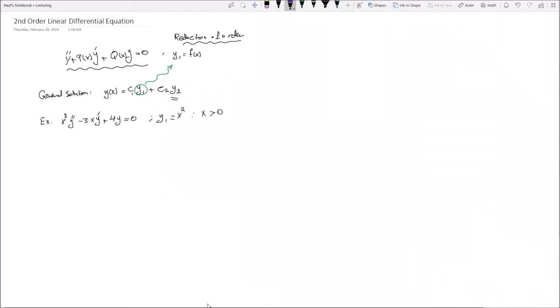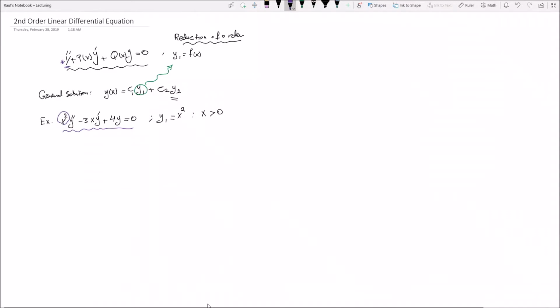Okay, now we will start to correlate between our problem and the general form of the second order differential equation. In this case we can see that y double prime should have the multiplied factor 1, while here we can see x squared, which we are going to get rid of.